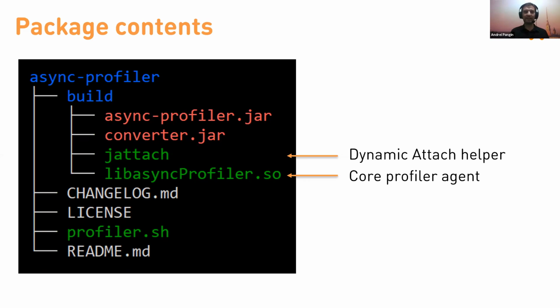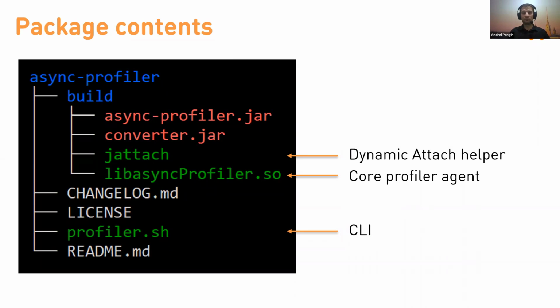Thanks to JAttach, it will be possible at runtime. But as I told earlier, if you plan to attach the profiler later, it will be wise to add the DebugNonSafepoints JVM option to allow more precise inlined frames in the stack traces.